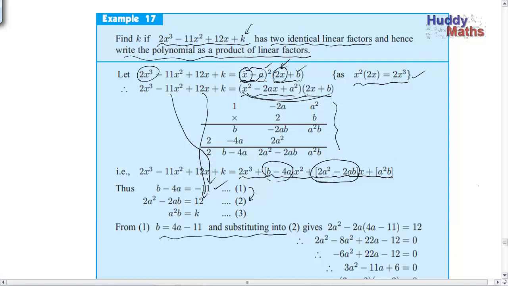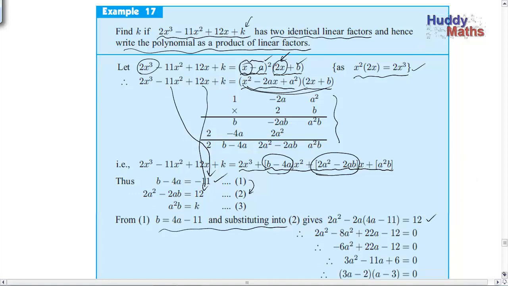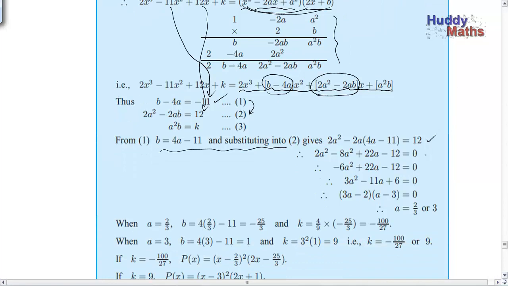Okay, b equals neg 11 plus 4a, and put it into 2. We get a quadratic then in a. So you get two values. It's a bit complicated now. And then we can look at what those values are.